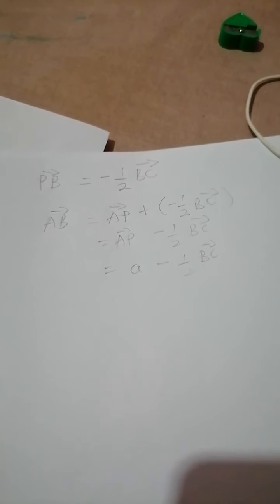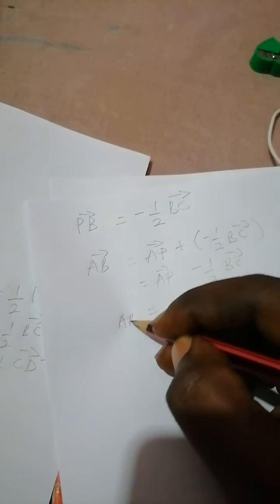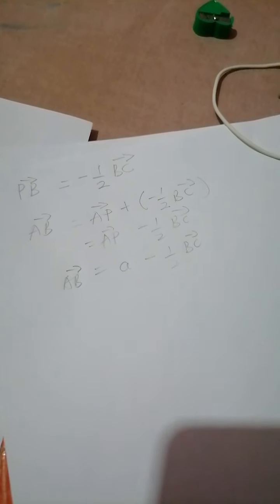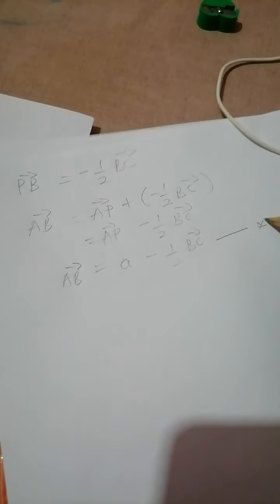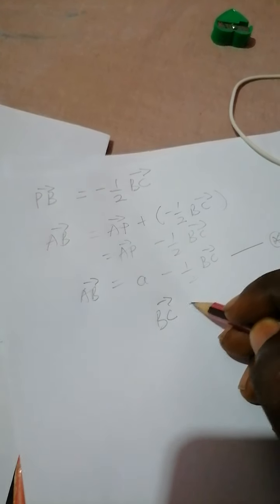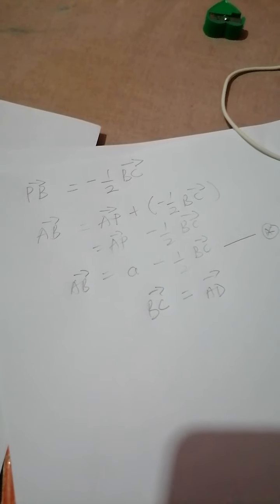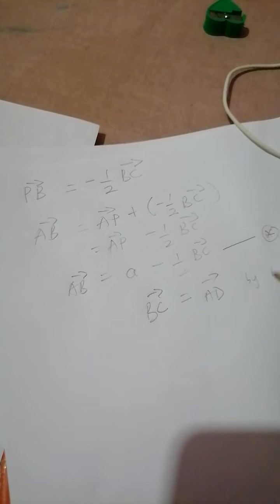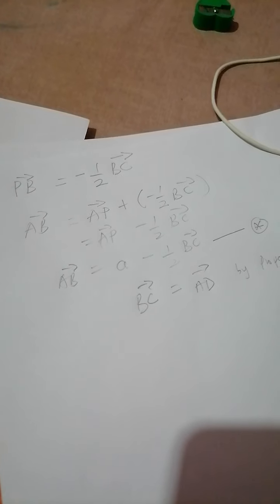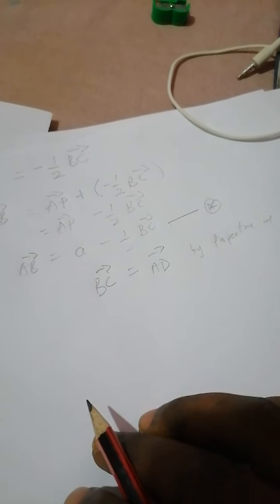So now we have AB is actually a minus half BC. Let's call this equation star. Now we also know that vector BC is equal to vector AD, based on the properties of a square.